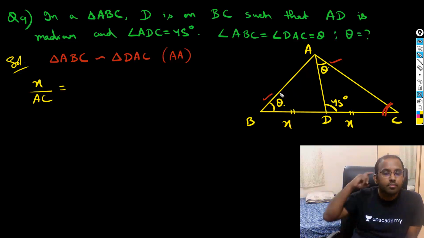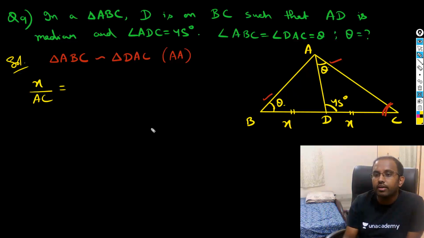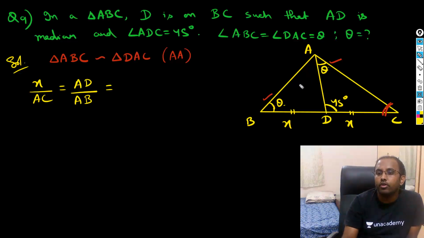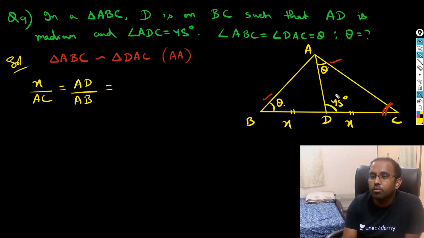Similarly, in this triangle, angle C opposite is AD, and in the bigger triangle, angle C opposite is AB. Now if I look at the third angle here, guys, the third angle will be this 45 degrees. In triangle ADC, the side opposite this 45-degree angle is AC.